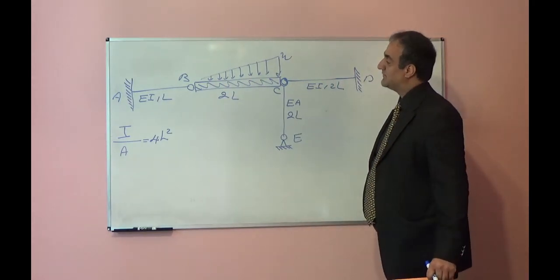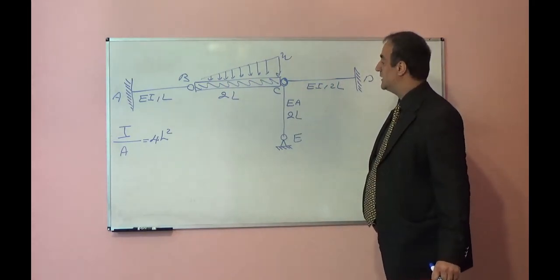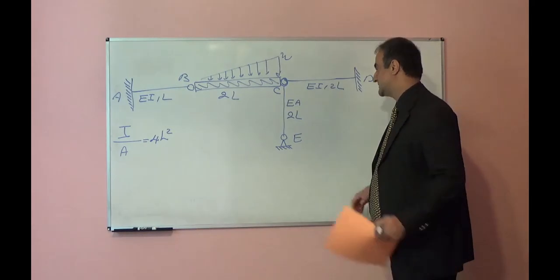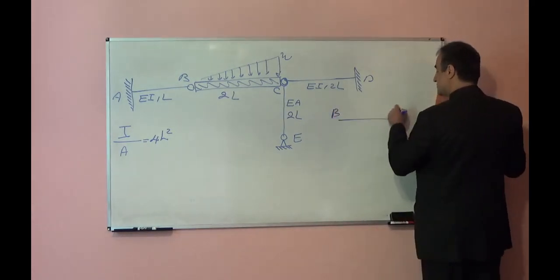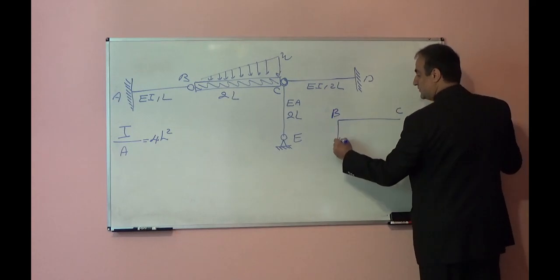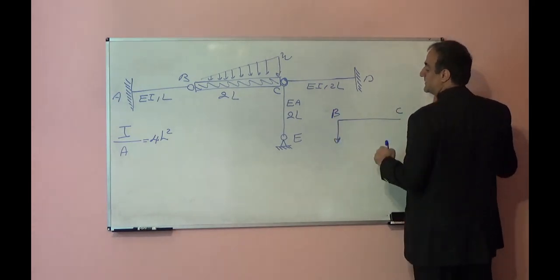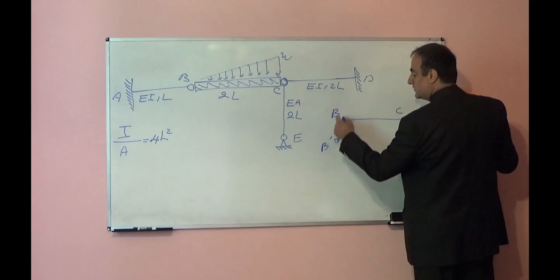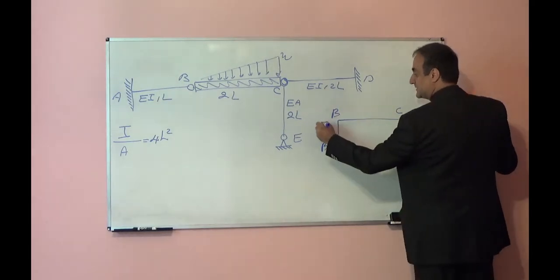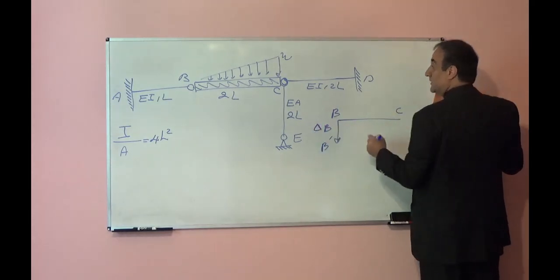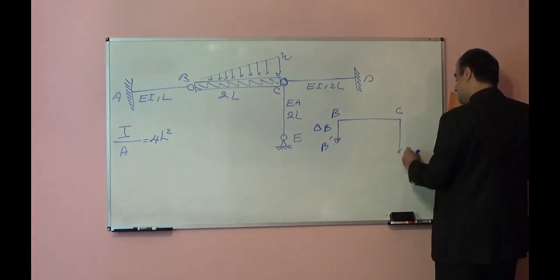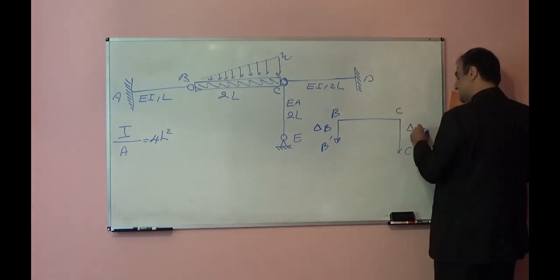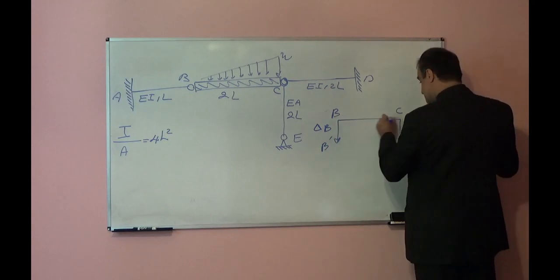If we find the deflection at point B and the deflection at point C, for example, BC is initially horizontal. B will move to point B prime. We should find this delta B. Point C will move to point C prime. We should find this delta C. Then, this is a rigid member.